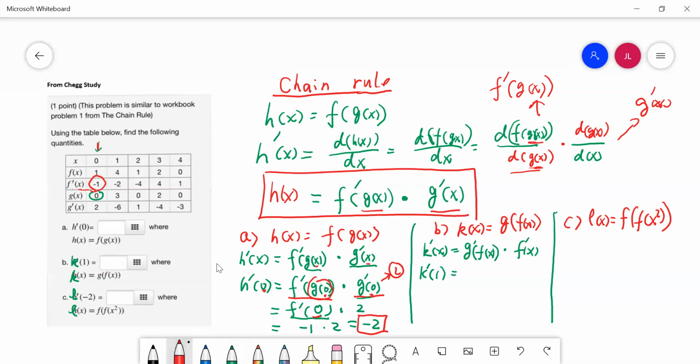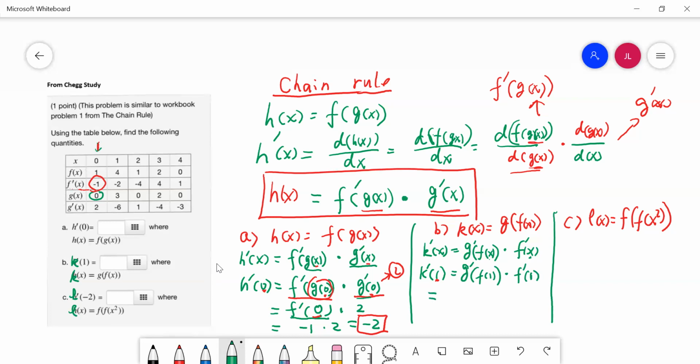When x equal to 1, this is g derivative at f(1) times f derivative at 1.